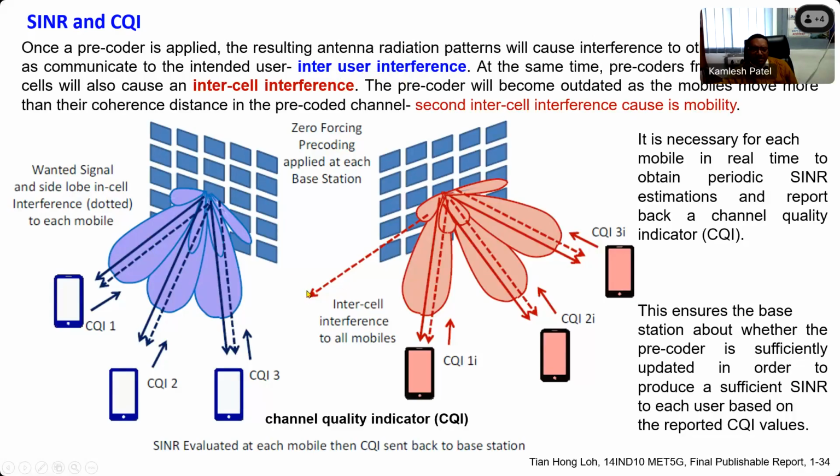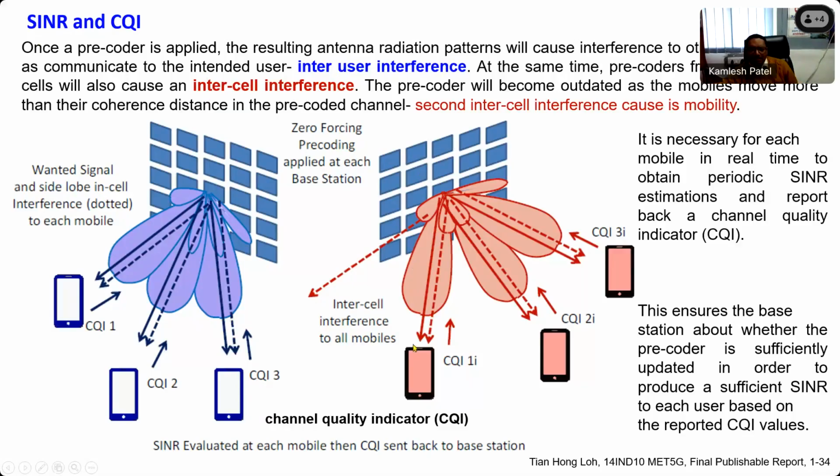A signal coming from a different mobile tower is named inter-cell interference. These two interference terms are added while defining the value of SINR.